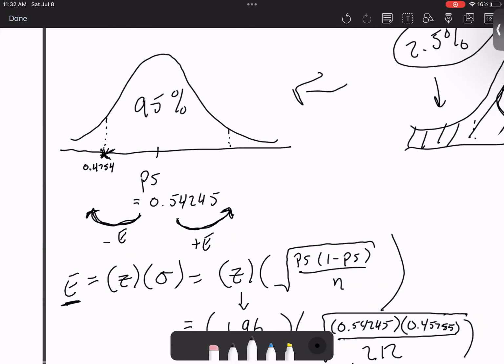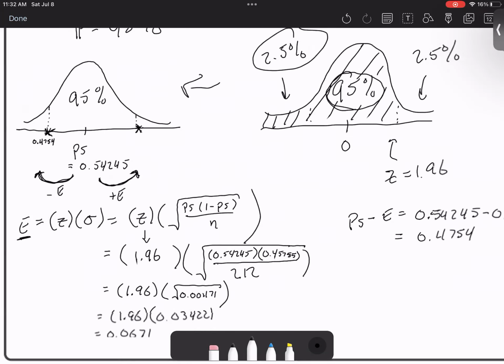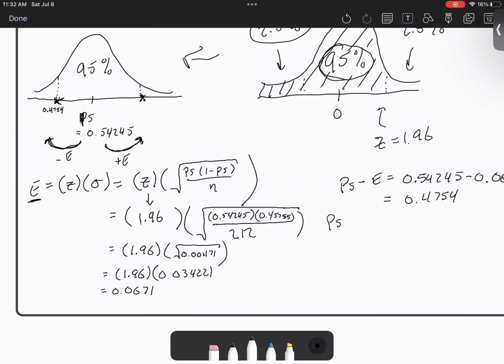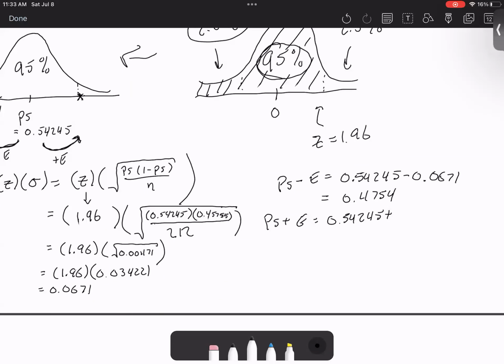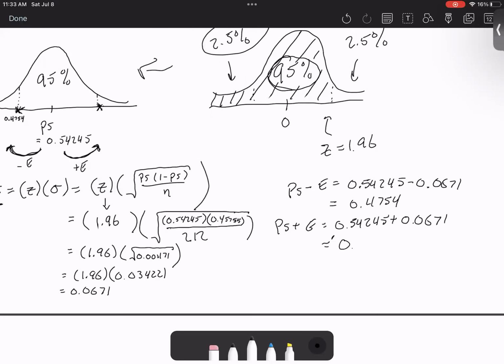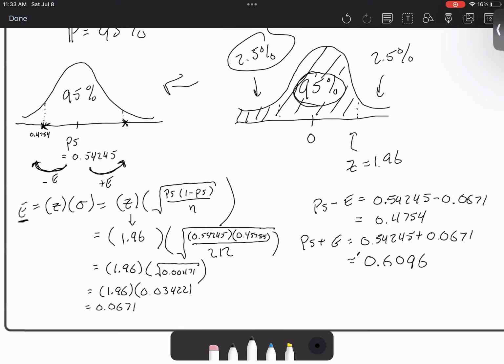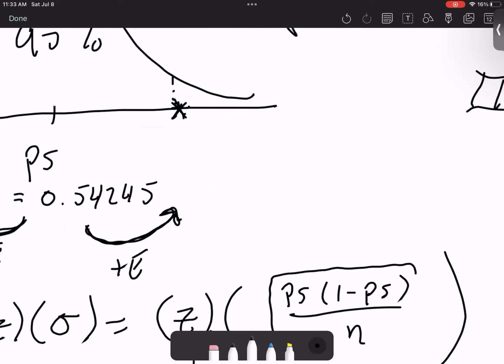All right, now let's figure out the right-hand point of our interval. If I take the center of the curve and I add this margin of error, 0.54245 plus 0.0671, you get 0.6096. So this point right here is 0.6096.